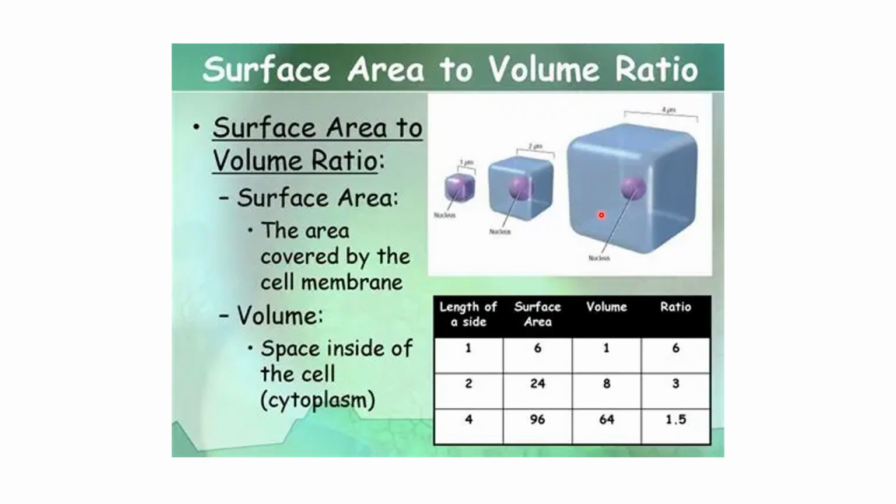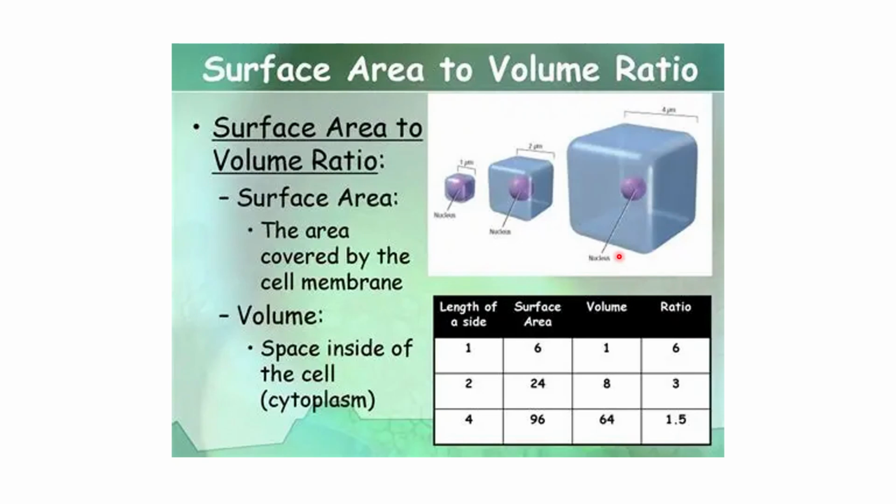What if the volume gets bigger and the side length becomes 4? The surface area now is so large, it is 96, and the volume is 64, and the ratio between the surface area and the volume decreased. So as the volume increases, the ratio between the surface area and the volume decreases.